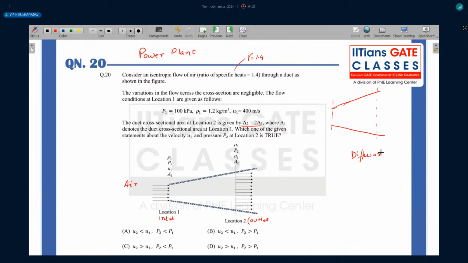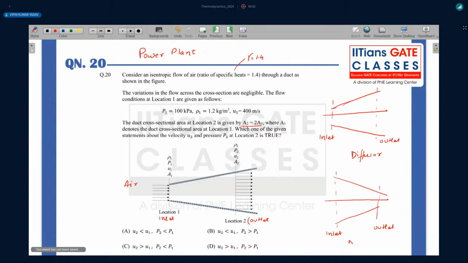And if you see this kind of cross section, that is a converging cross section, this is your inlet, this is your outlet. Again, this is your inlet and this is your outlet. This is how the fluid is flowing here also and here also.